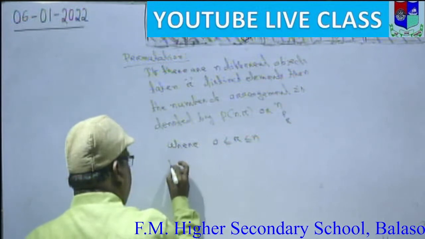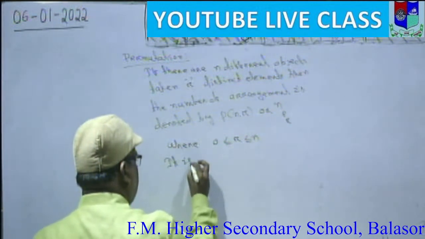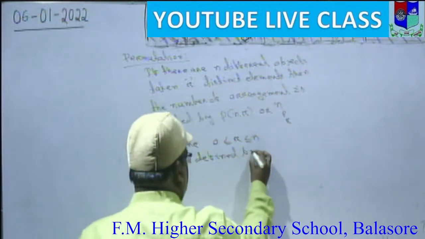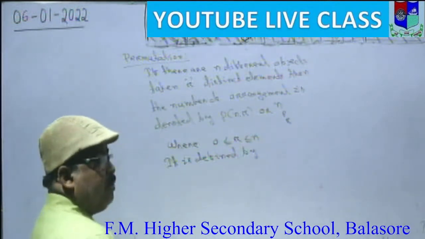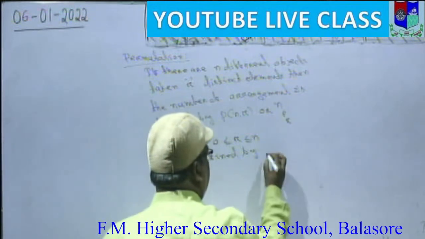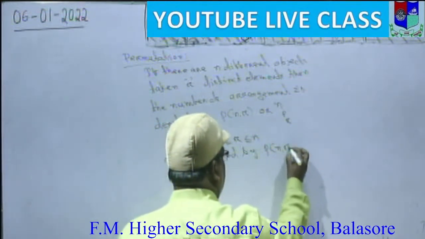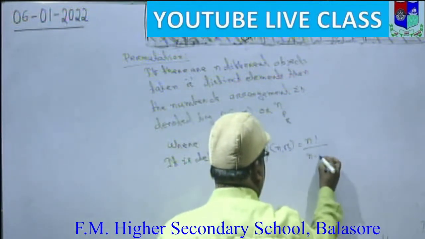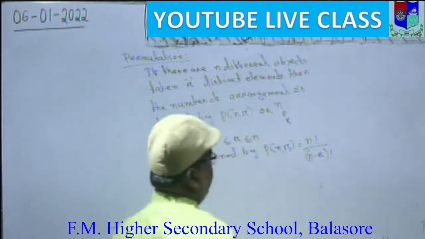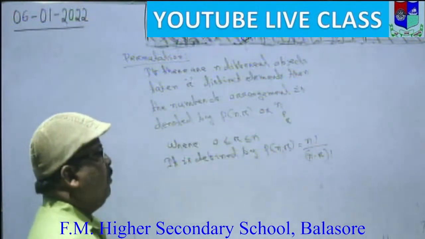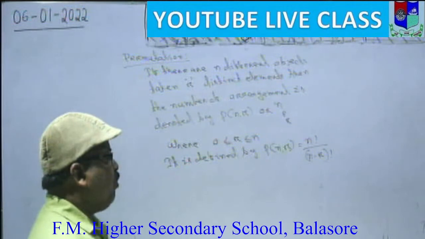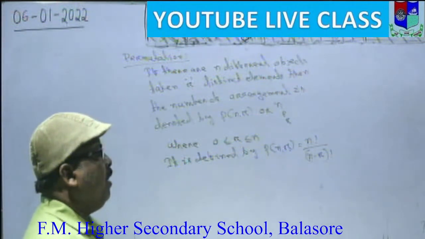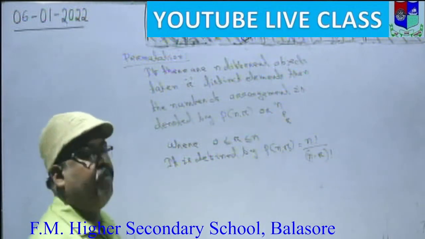It is defined as, and it can be proved by one theorem: PNR equal to n factorial by n minus r factorial. We may verify this or we may prove this theorem, that is PNR equal to n factorial by n minus r factorial.